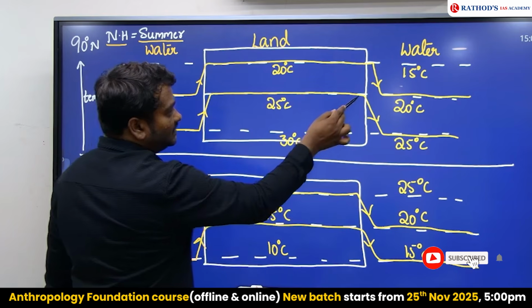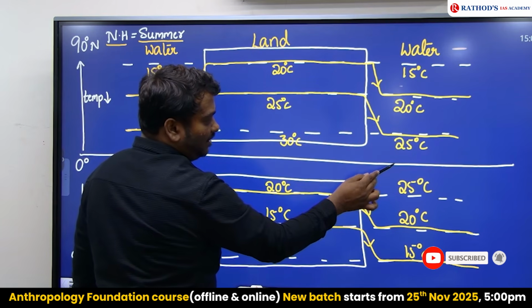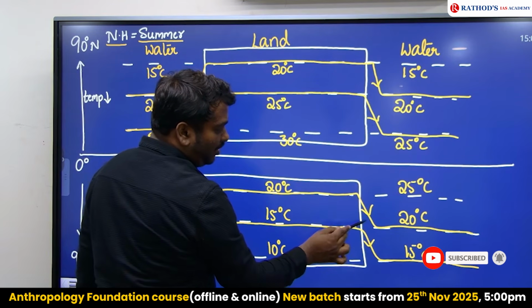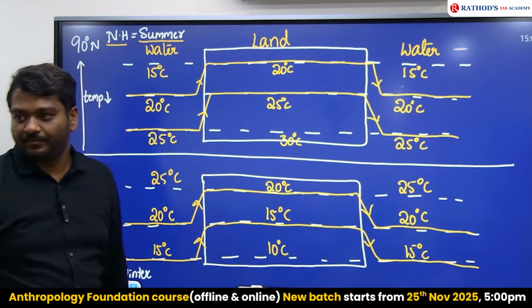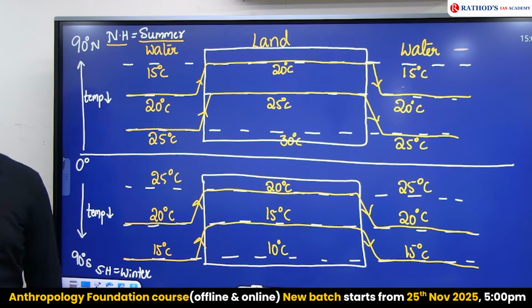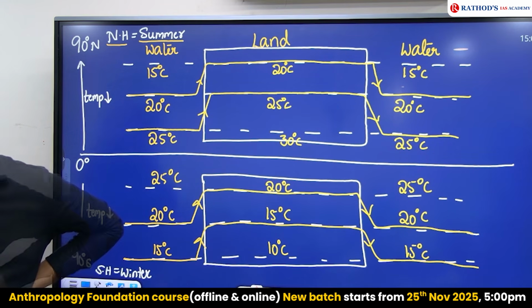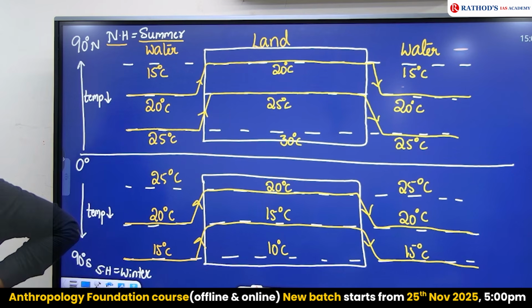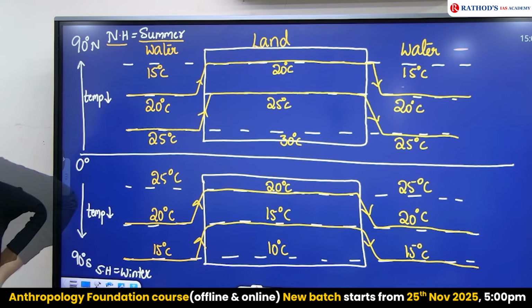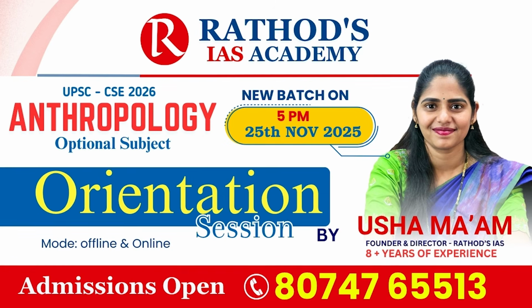Southward or equatorward, southward or poleward. This is what you will observe with respect to isotherms. Fine. So you write down: isotherms help us to identify the places where there will be the same temperature, and it helps in the cultivation of crops.